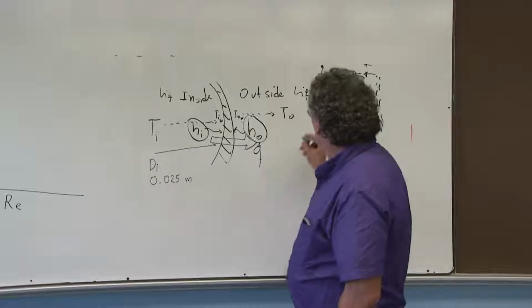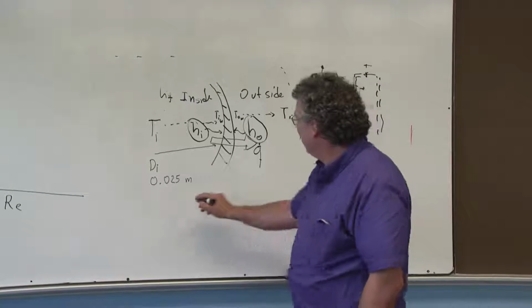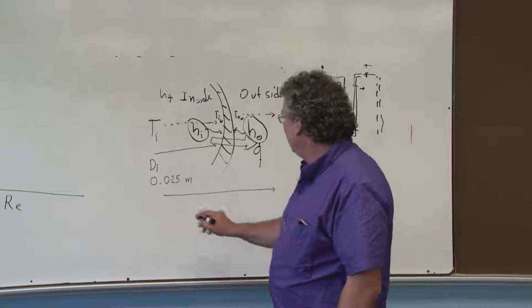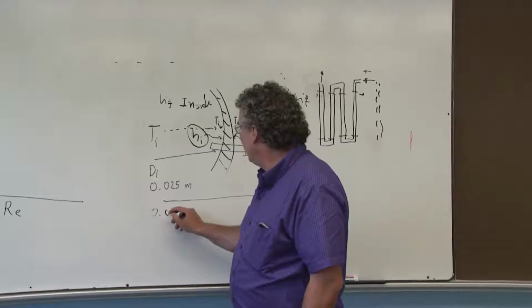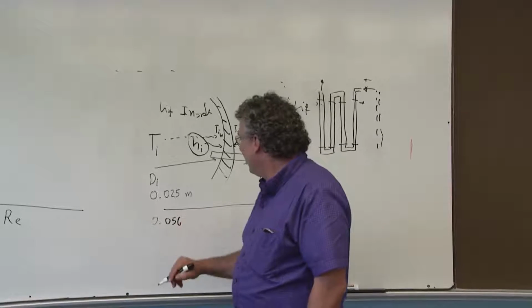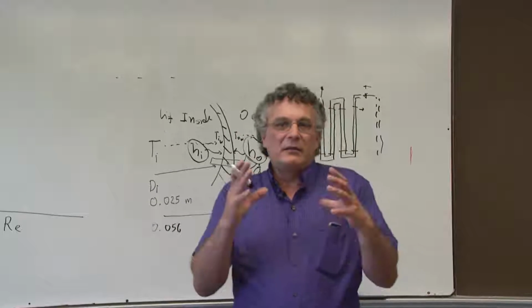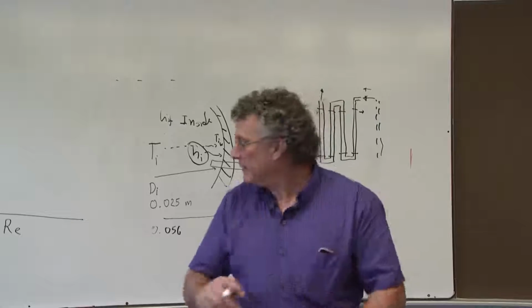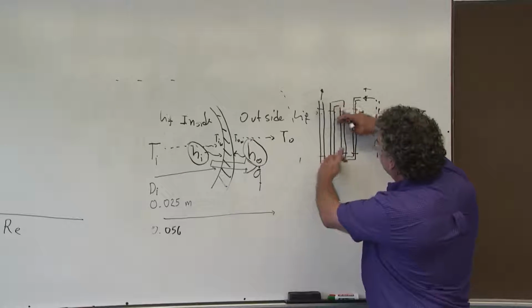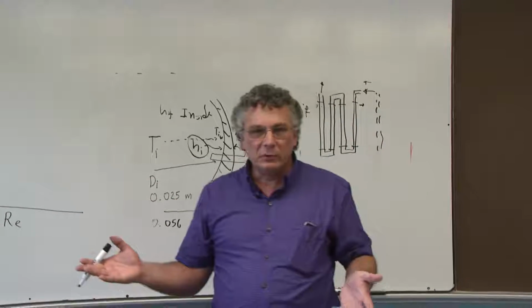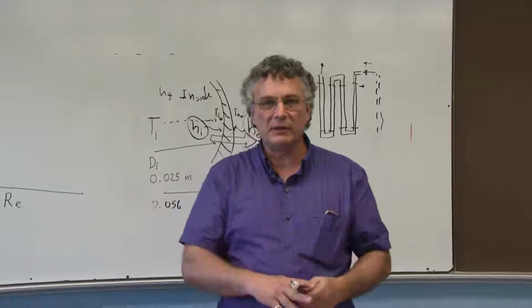The outside pipe, which would be somewhere here, has a larger value, 0.056, and these are characteristics of the geometry. They also have a certain length, somewhat above 2 meters. That's part of the geometrical characteristics.